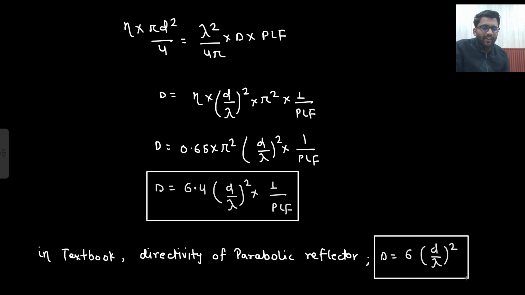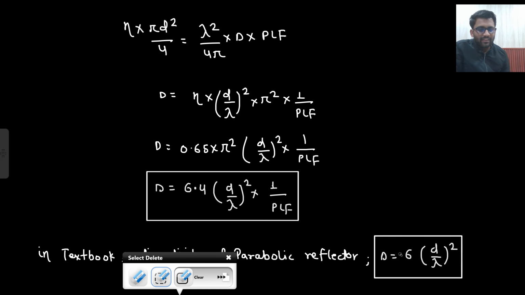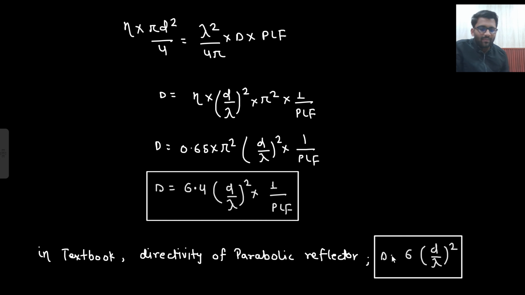This you will find in the textbook, and since it is mentioned in the textbook, these kinds of questions can come in your PSU examination or in your ECE examination. GATE will never ask this formula.